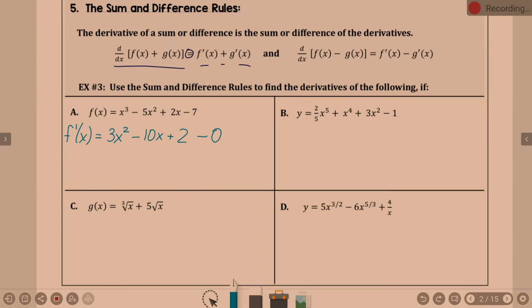Or think about the line y equals negative 7. What's the slope of that line? 0. So when I write this answer, I would write 3x squared minus 10x plus 2. You're not going to see me write that 0. That was a one-time deal.